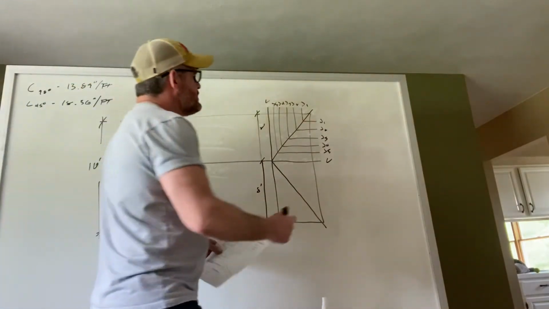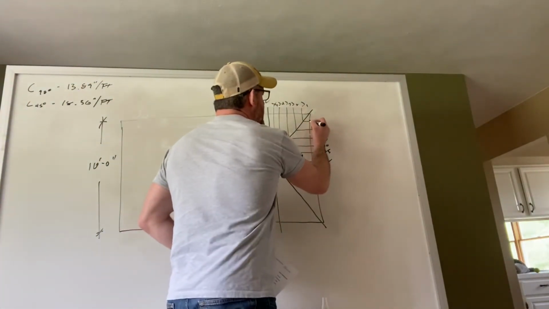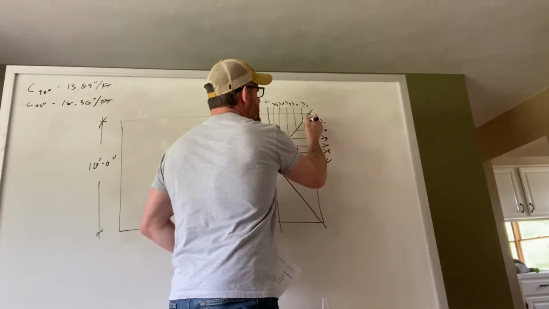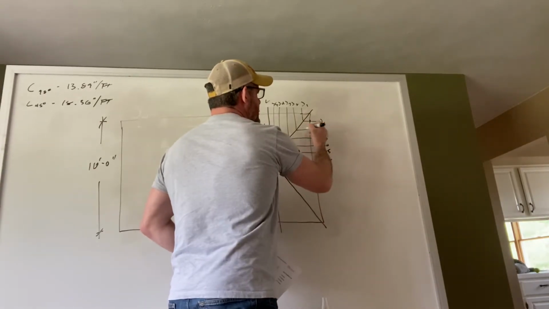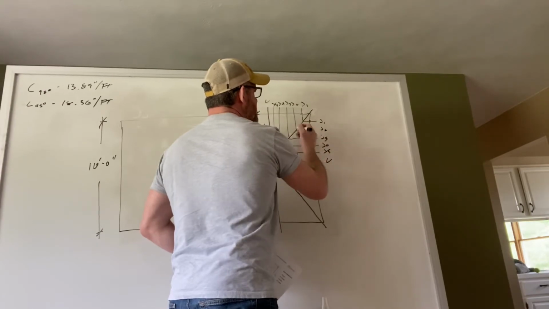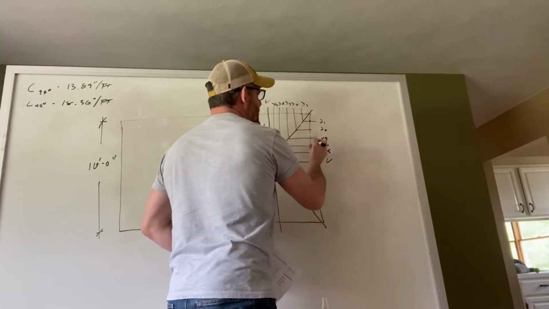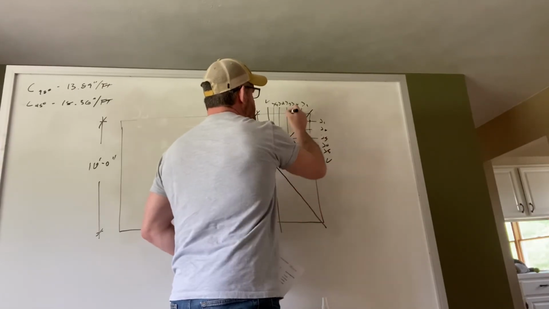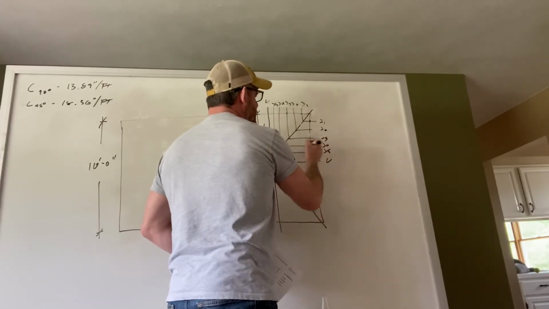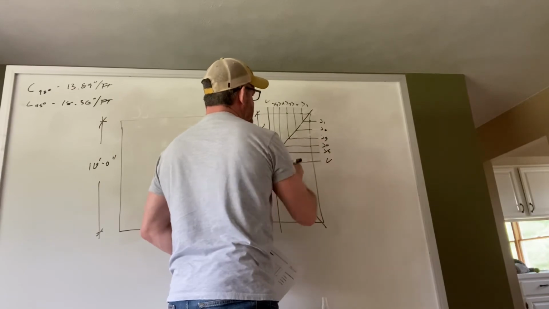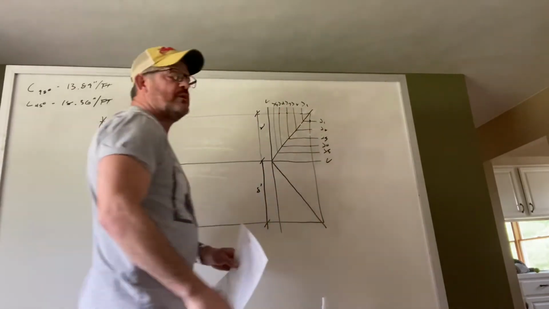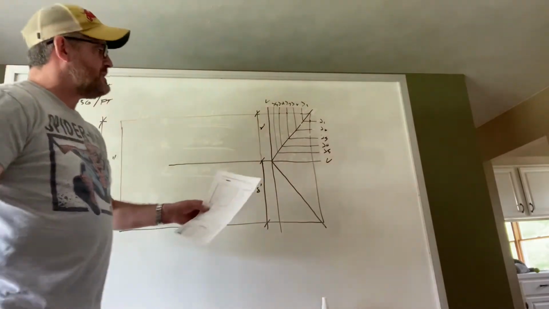So from here to here is my run, and from here to here is the same run. From here to here is the run for this jack, and the same run here. From here to here is the run for that jack, which is the one we want to know, and from here to here is the same run as the other jack.